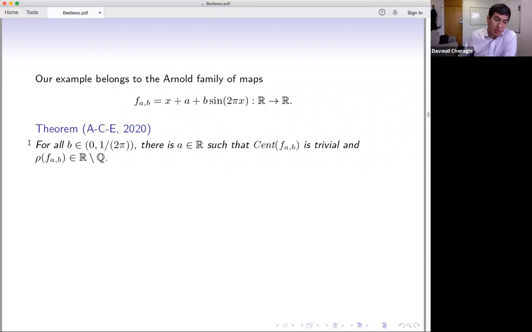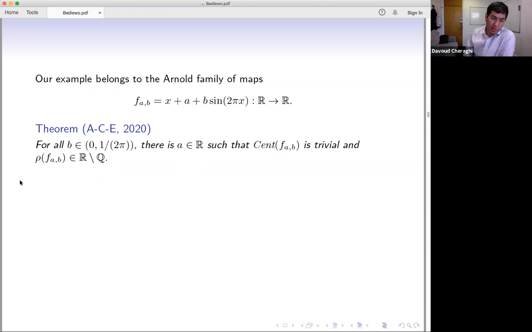The theorem that we prove is that for any value of B in the interval 0 to 1 over 2 pi, there exists A in R such that the centralizer of F_{A,B} is trivial and the rotation number is irrational. In fact, we proved that the set of rotation numbers of such pairs (A,B) with trivial centralizer is dense in R minus Q.